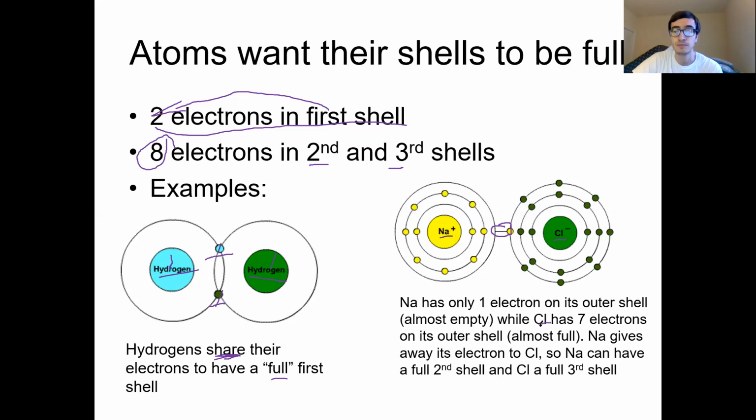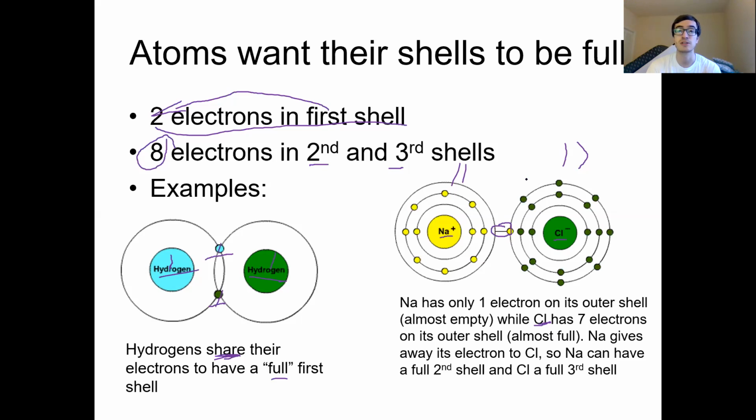Chlorine has 7 electrons on its outer shell. So chlorine has an atomic number of 17, and sodium has an atomic number of 11. So sodium only has 1 electron on its outer shell, and chlorine has 7 electrons, but it's only missing 1 electron from its outer shell.